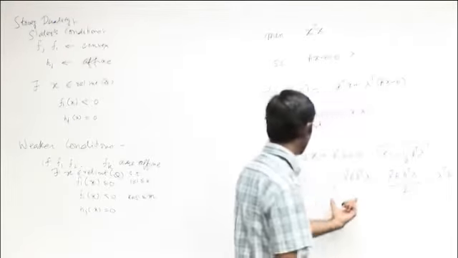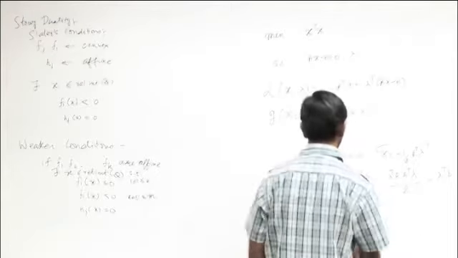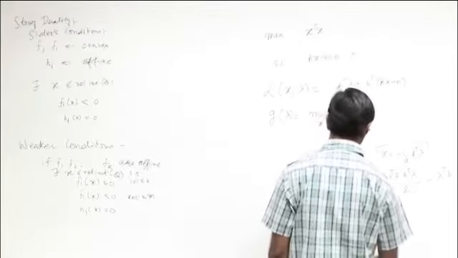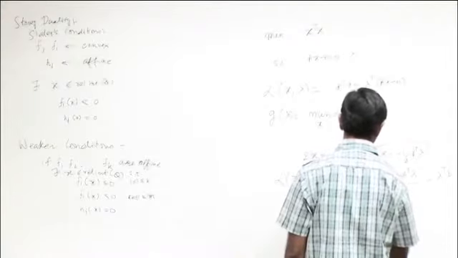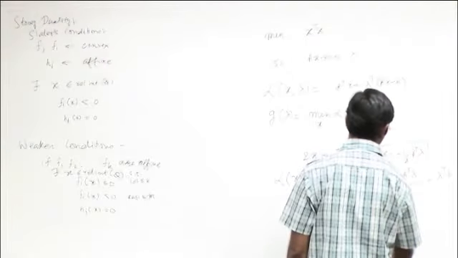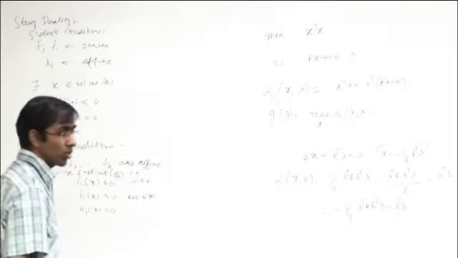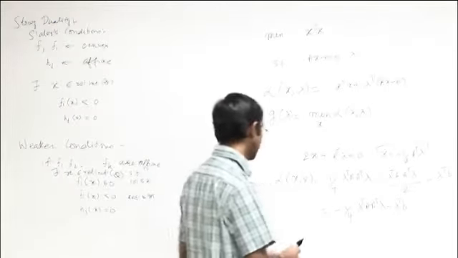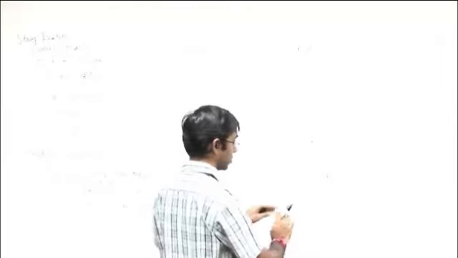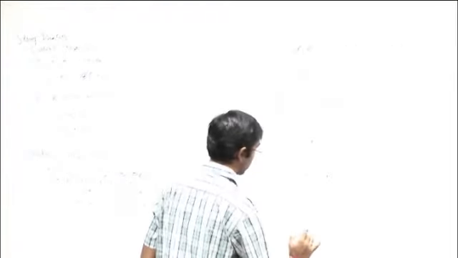So this 1 by 4 will combine with minus 1 by 2, and I'll just get minus 1 by 4 lambda transpose A A transpose lambda minus lambda transpose b. This will be my g of lambda, right?